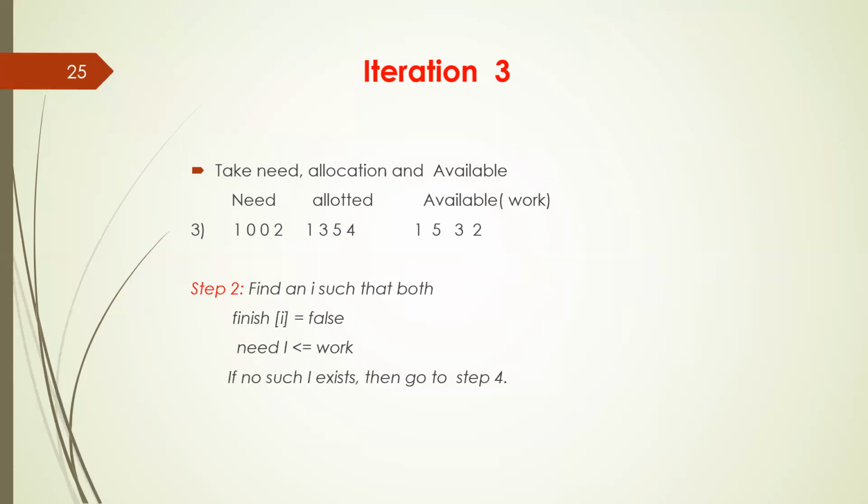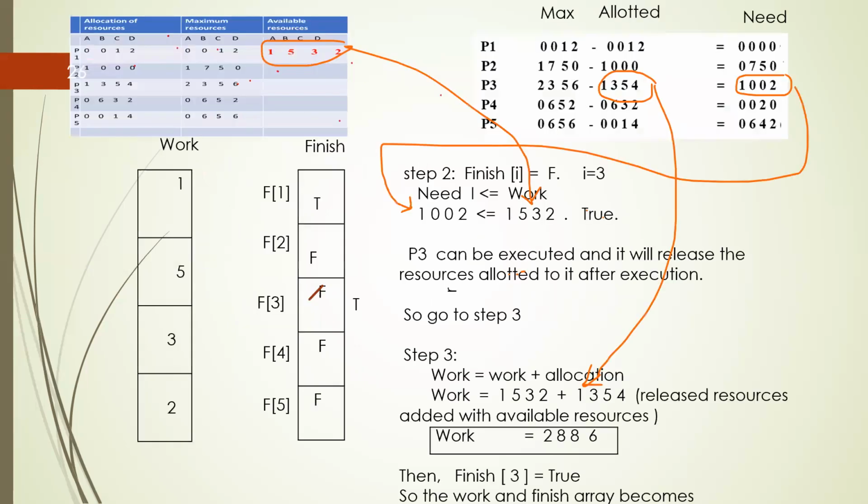Iteration 3. Now take the third row from all the arrays. Now the process P3. What's the need of process P3? 1002. How many resources are allotted to P3? 1354. Now go to the formula, step 2: Need[i] less than or equal to Work. What's the need of process P3? 1002.